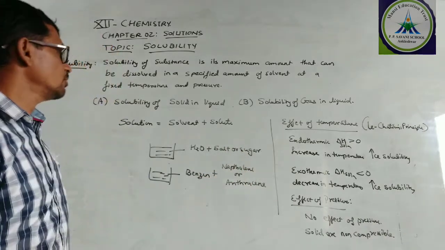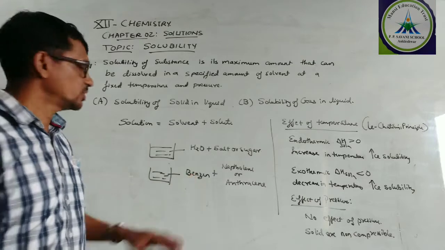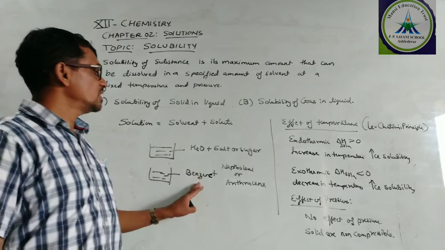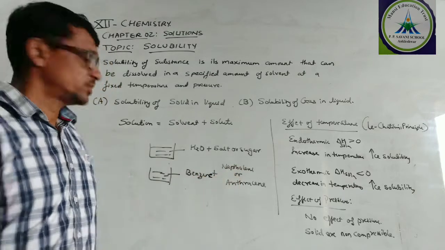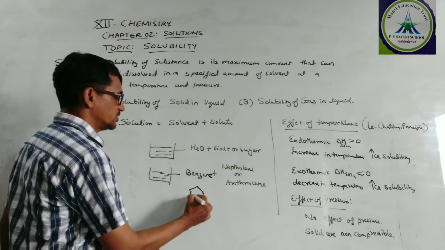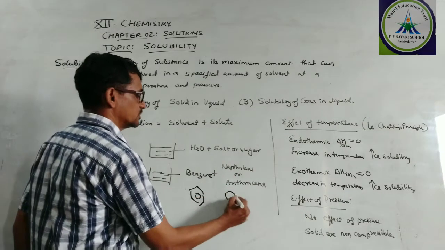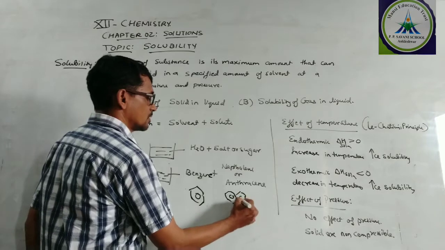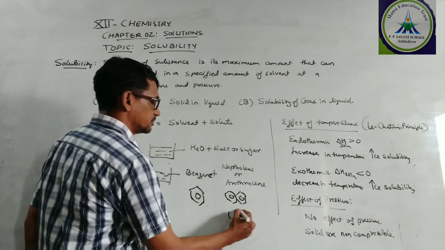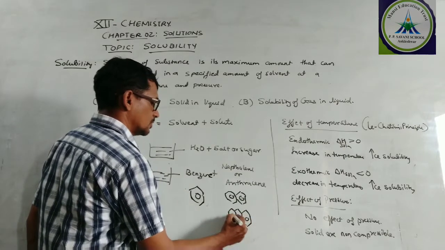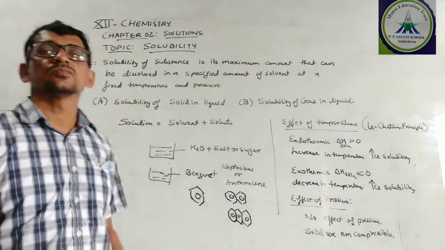Now we discuss organic compounds. You take benzene, which has a cyclic structure, and add naphthalene. Naphthalene means double benzene, and anthracene is triple benzene.